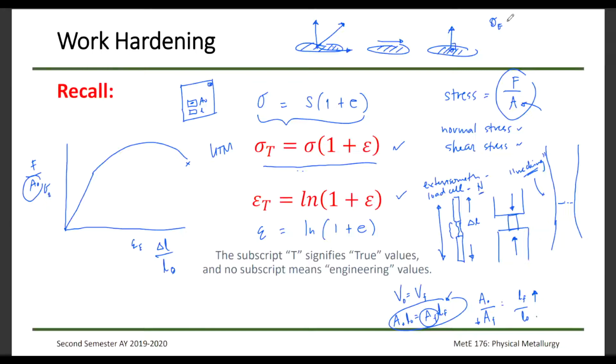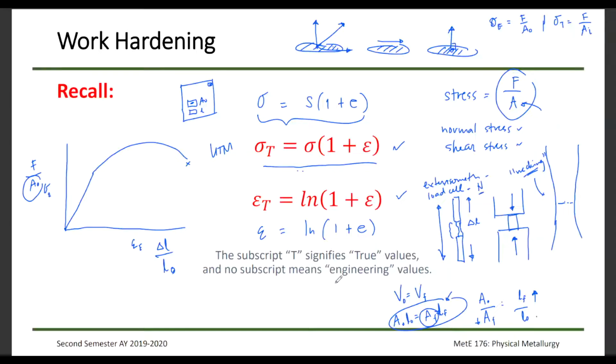Pero anyway, so sigma E is equal to F over A naught. Yung si ano naman, sigma T is equal to F over A instantaneous, where A instantaneous here is the instantaneous area. No? So, ibig sabihin, as it is being pulled, tinitake account mo yung incremental changes in the initial area due to this constancy of volume.